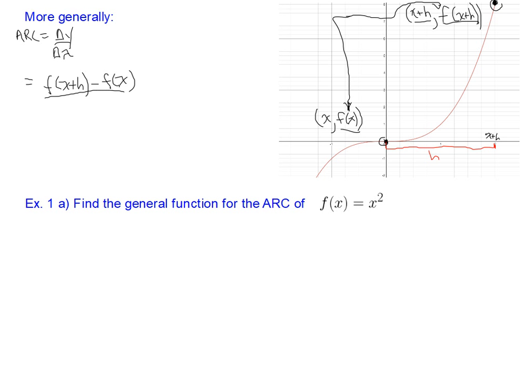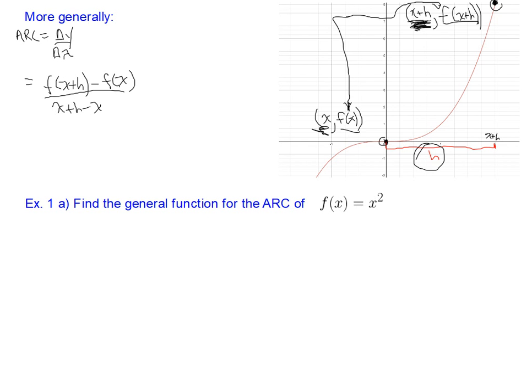Now, the change in x is really just the difference between these two x values, this one and this one. We already know that that difference should be h, but let's go ahead and just show you why that is. So the x value here is x plus h, and we want to subtract the x value here, which is just x.